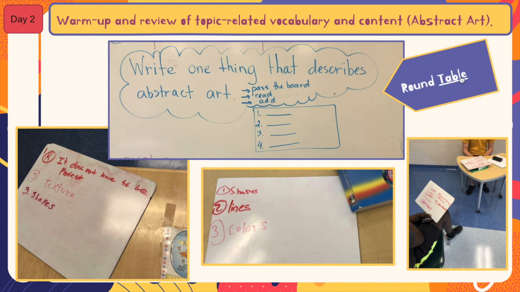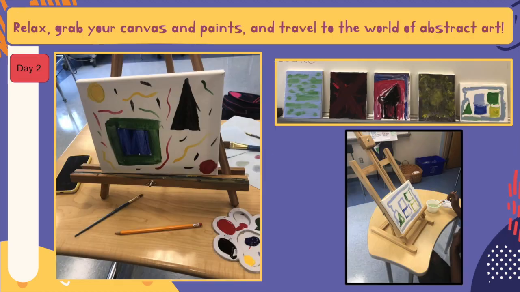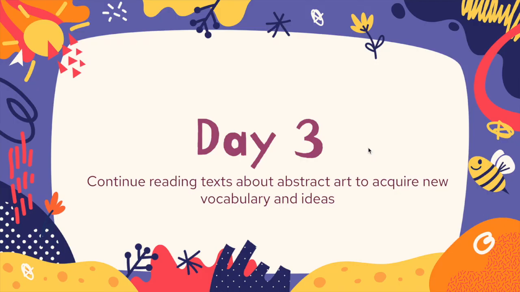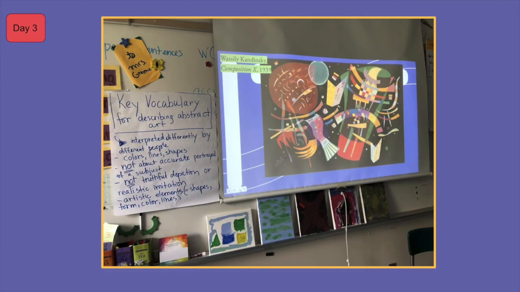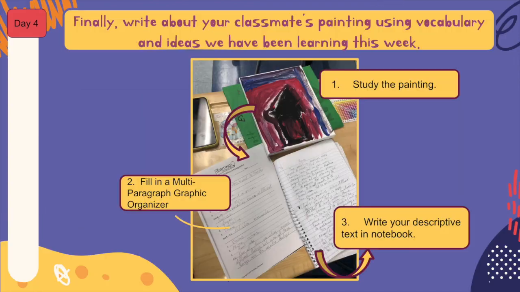Here you will have a hot link to the video where I explain how I use Roundtable in my ELL pull-out classes. And then I had my students paint their own abstract piece of art. We read some more, we looked at some masterpieces, and finally, they had to write a descriptive piece of writing to describe their classmates' abstract picture.